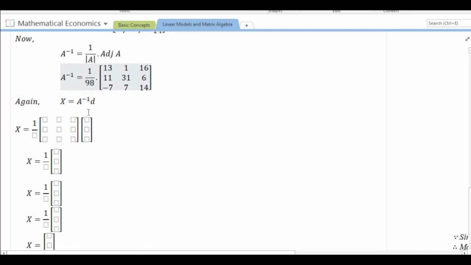Next, we need to substitute A inverse which we have found in the formula of matrix inversion. Now remember, we are not going to simplify A inverse here. We are going to leave as it is, so that will be easy for us in later part, I mean in the simplification process.